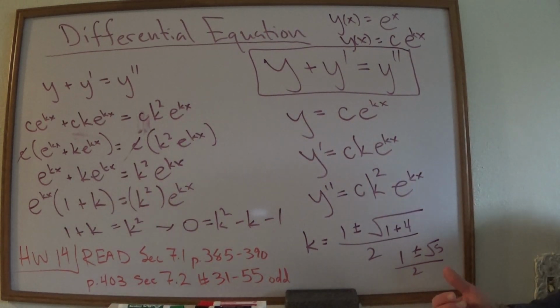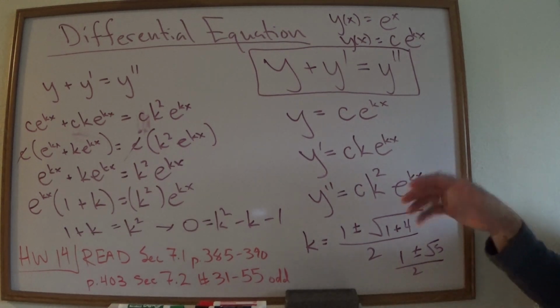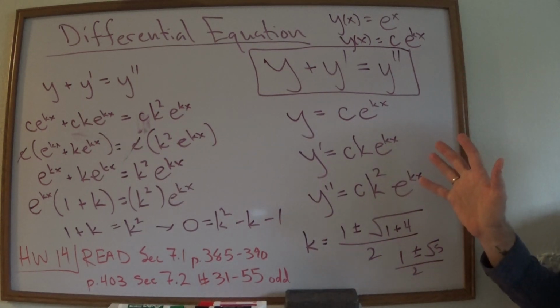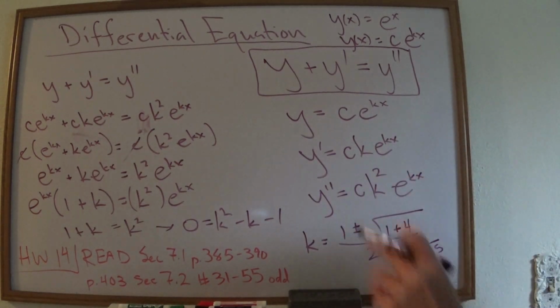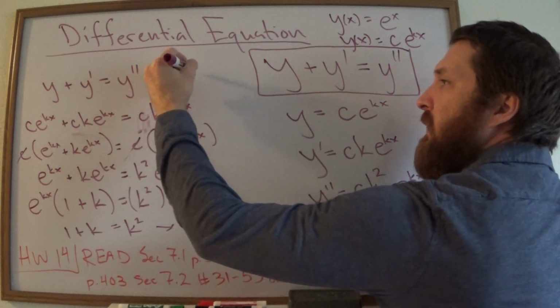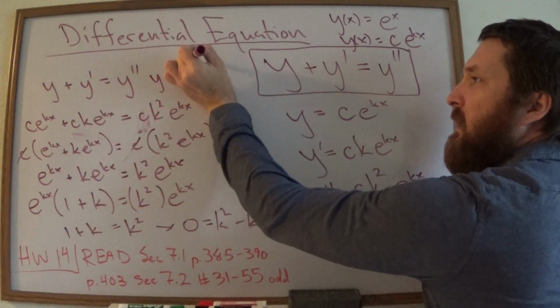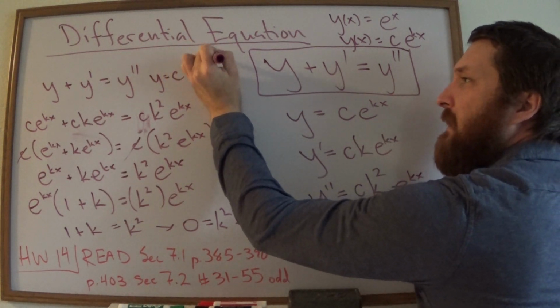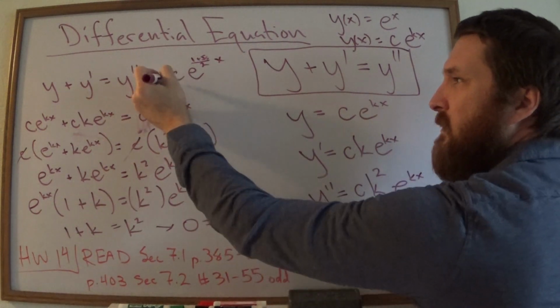So as long as k is equal to one of these, it looks like we have infinitely many solutions because c could have been anything. But right now, we could say that if y is equal to any number times e to the 1 plus root 5 over 2 x, that's one solution.